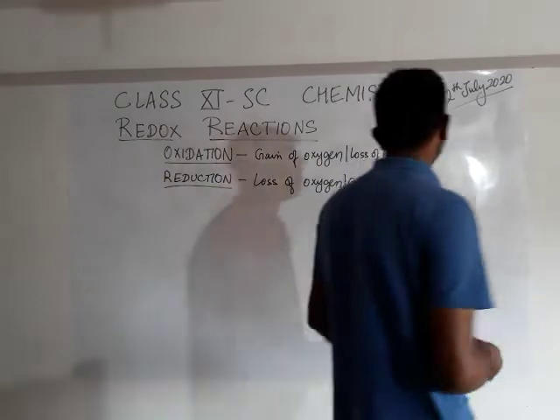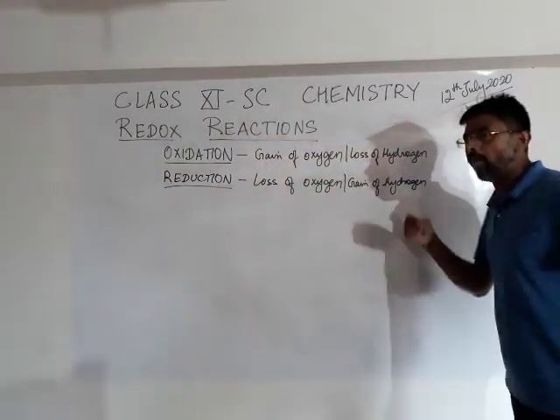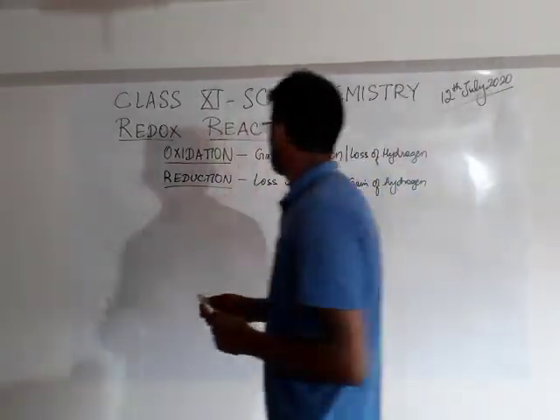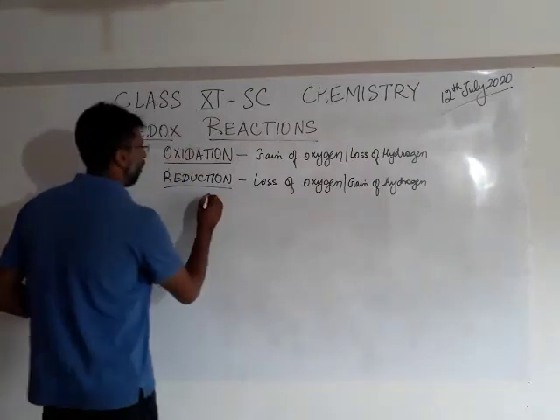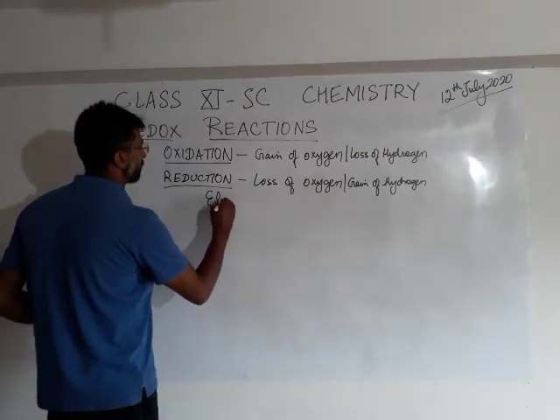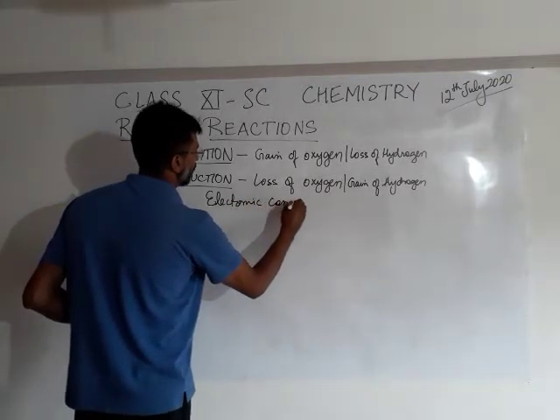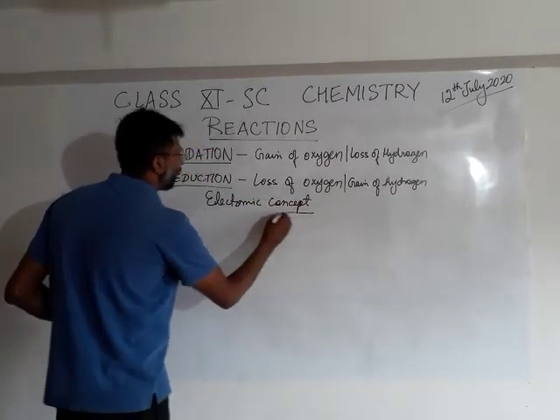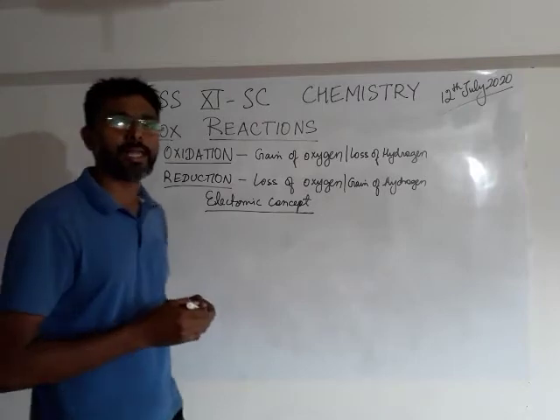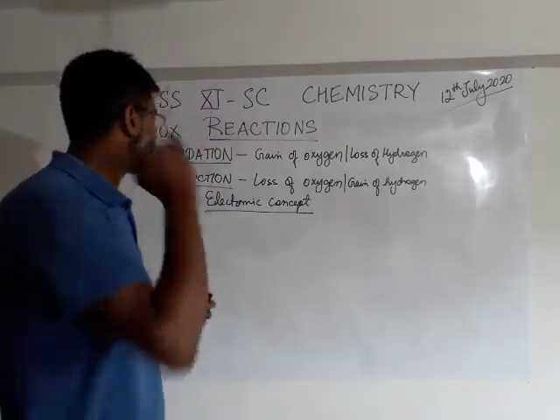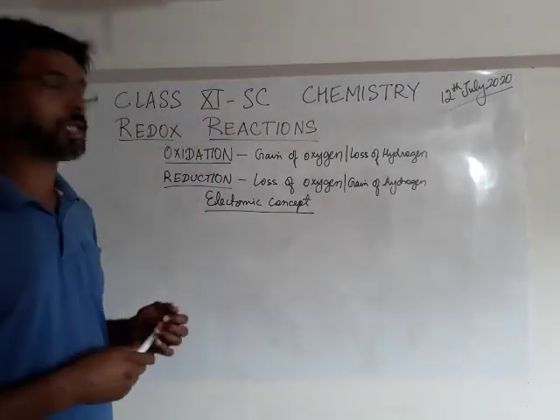Now, my dear students, it is very important to understand one more concept, which is called the electronic concept, which we will be dealing with more and more in the higher classes, classes 11 and 12.